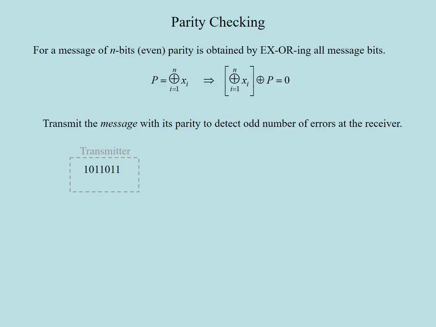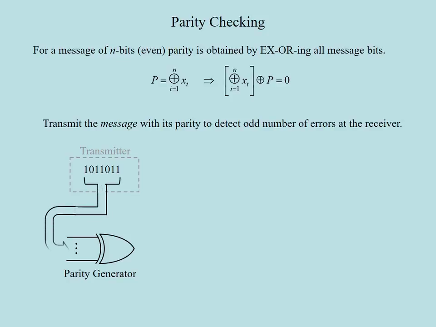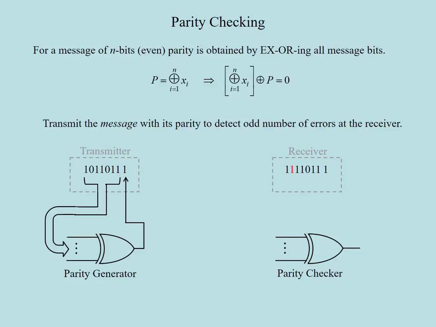At the transmitter side, we use a parity generator, which is nothing but a multi-input XOR gate. For this example message, the even parity is generated as 1. The message is transmitted together with its parity bit. At the receiver, a parity checker determines if the message is consistent with its parity. This is done by XORing all bits including the parity.